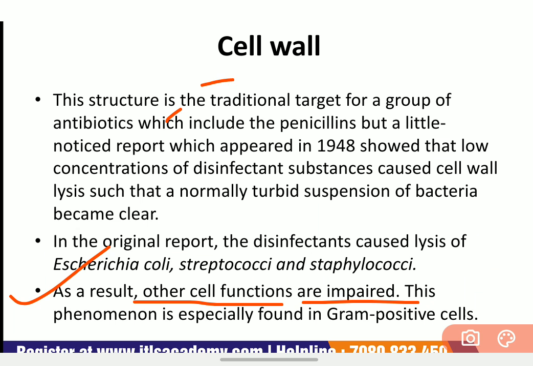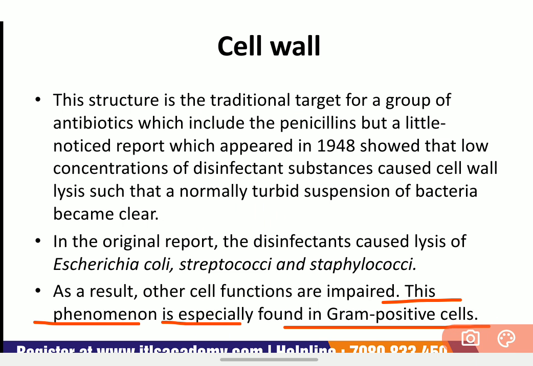If the cell wall is degraded, then other functions of the cell will not work normally, because if there is no boundary, the things protected within this boundary will not work properly. So the other cell functions are impaired, and ultimately this will cause the death of the bacteria. This phenomenon is especially found in gram-positive bacterial cells.